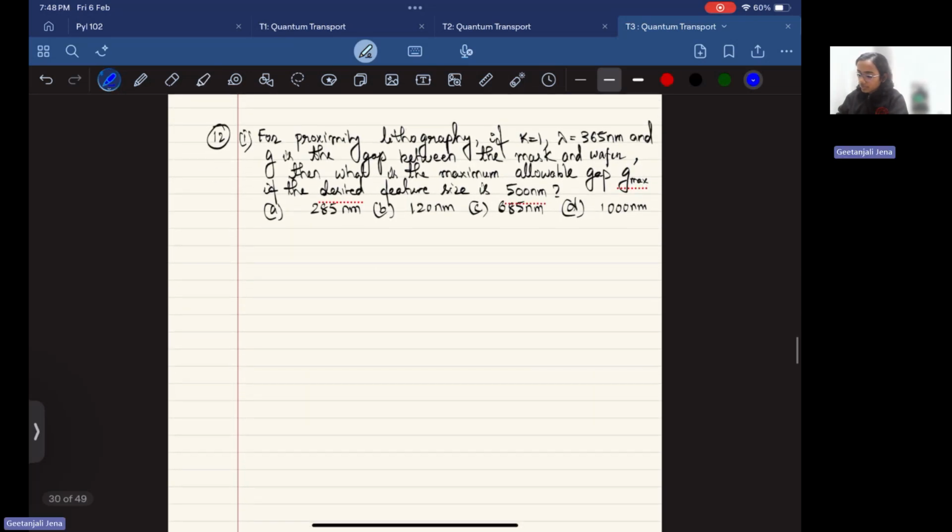Question number 12. For a proximity lithography, if given K is 1, lambda is 365 nanometer, and G is the gap between the mask and the wafer, then what is the maximum gap G max if the desired feature size is 500 nanometer?